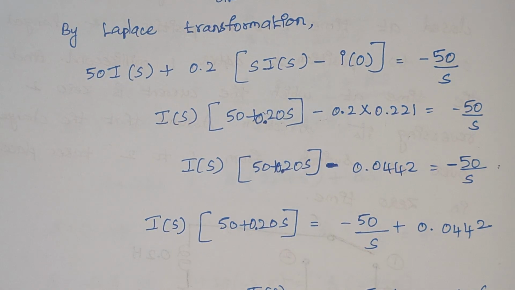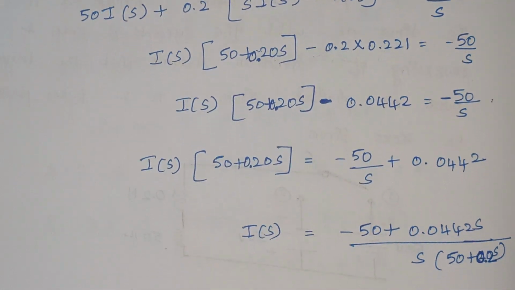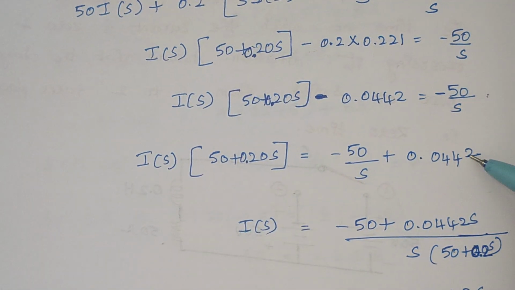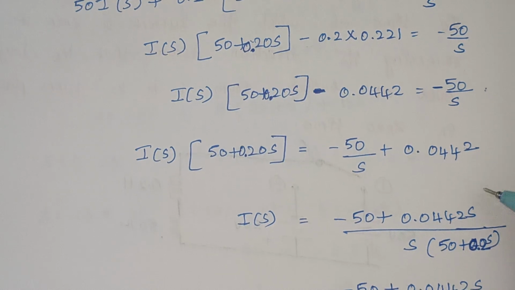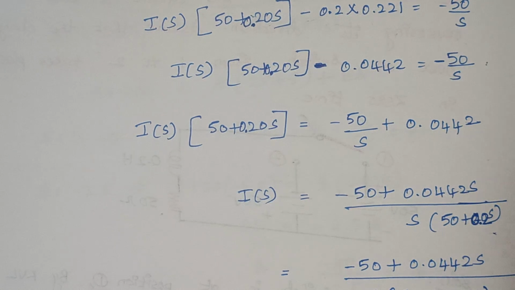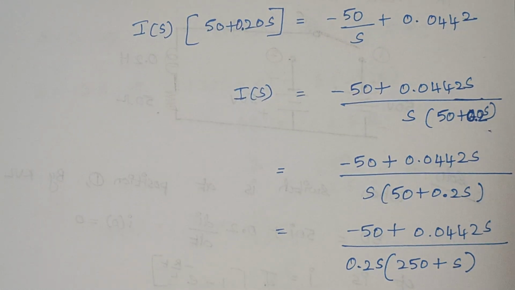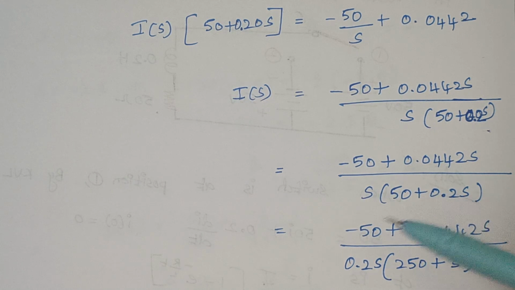Then we are going to take LCM as usual, the normal steps. So when you take LCM, you see s gets multiplied with this number, so just multiply, and here is our expression, right? Now again we are going to simplify this part. So here I am going to take this 0.2 outside.